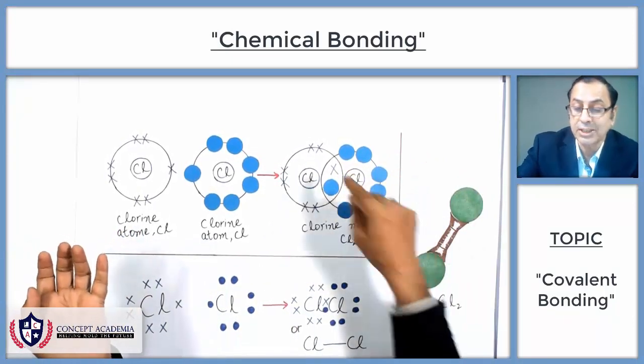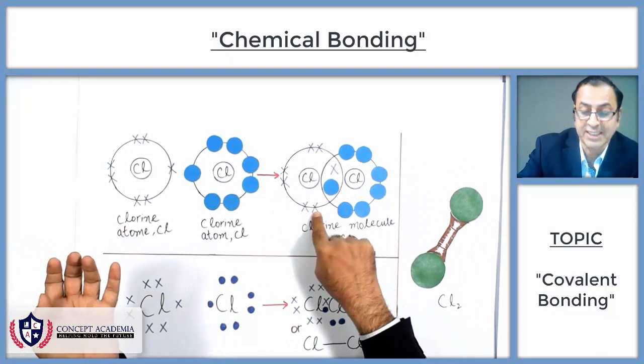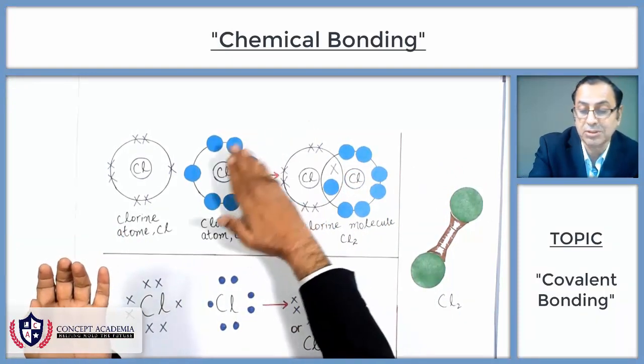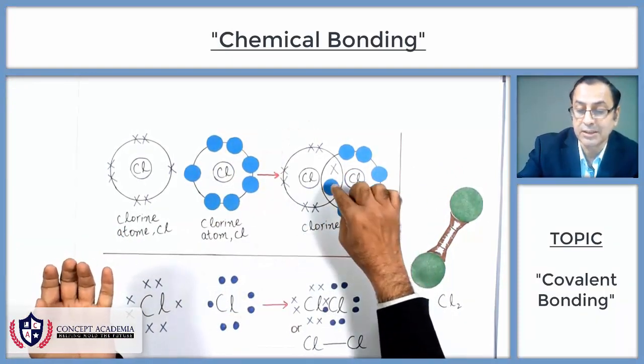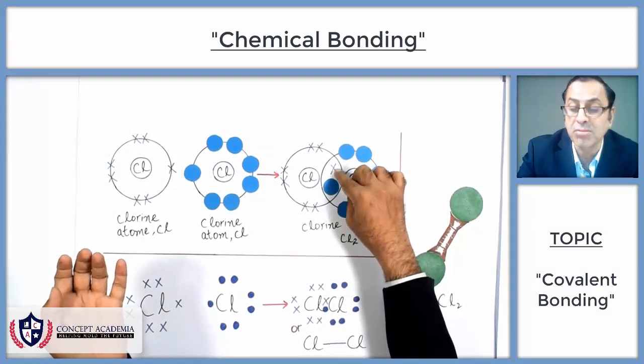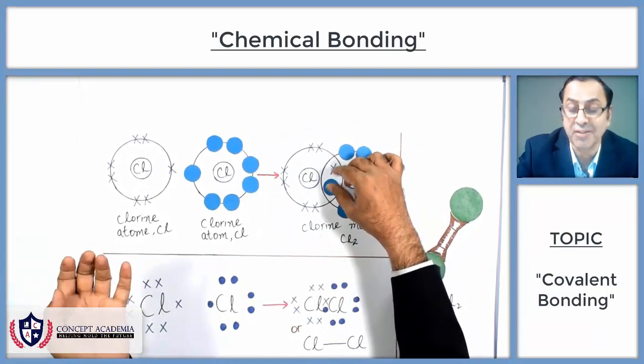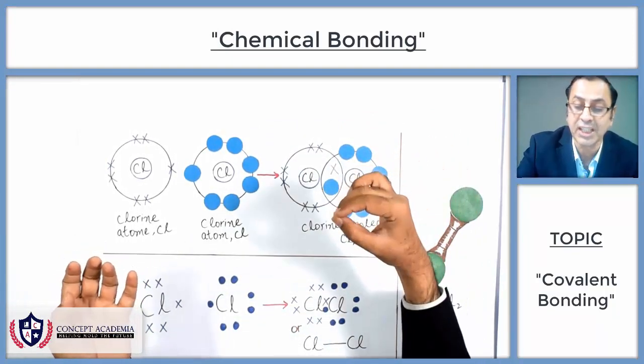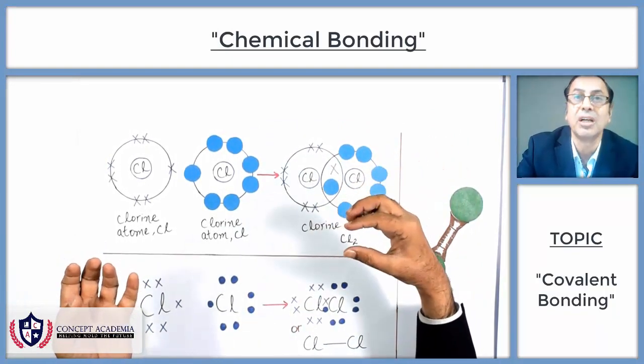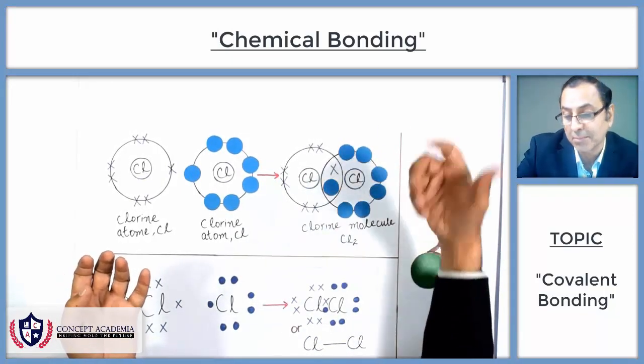I can count the electrons: 1, 2, 3, 4, 5, 6. These 6 electrons belong to this chlorine, and this pair of electrons will be counted for both chlorines, because the shared pair of electrons is counted in both of the atoms involved in the covalent bonding.